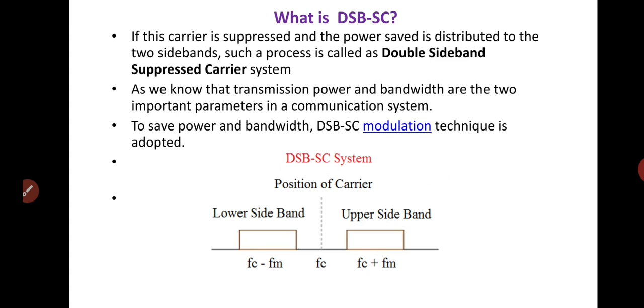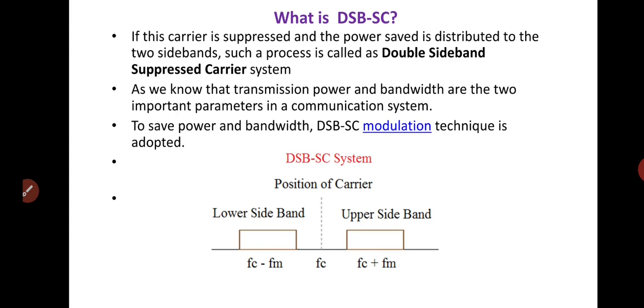Such a transmission is inefficient because 2/3 of the power is being wasted in the carrier, which carries no information, as we have discussed in the previous lecture.